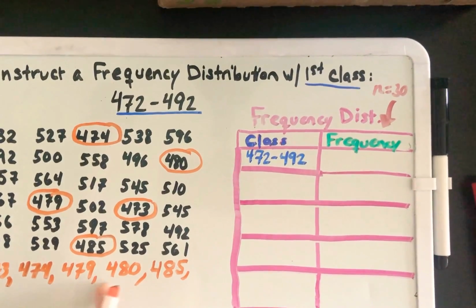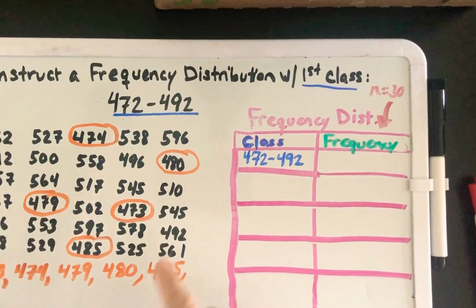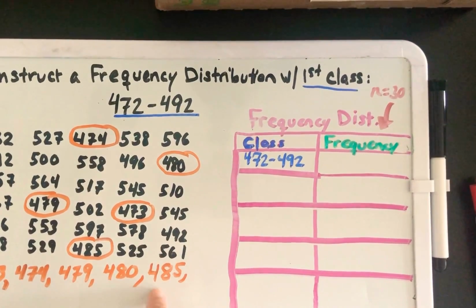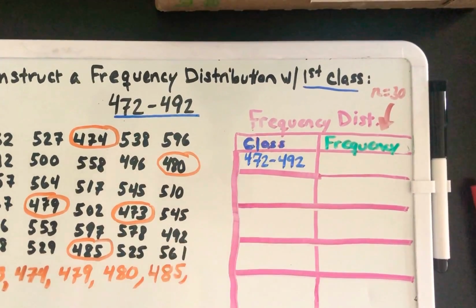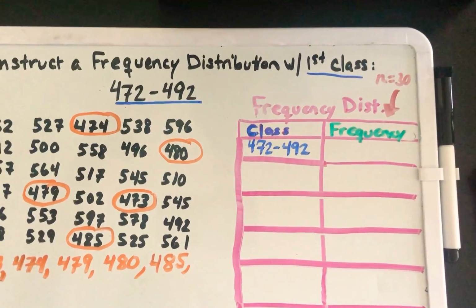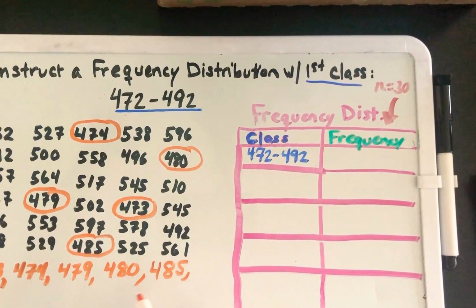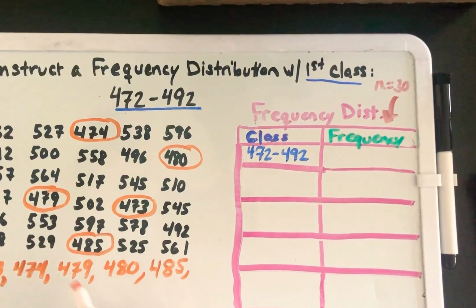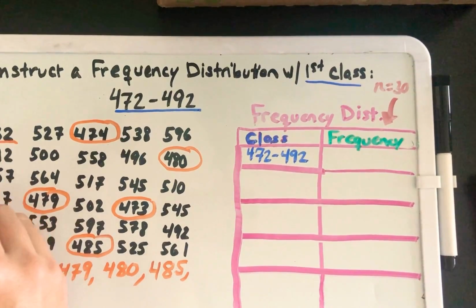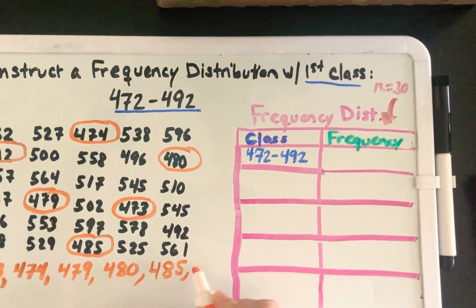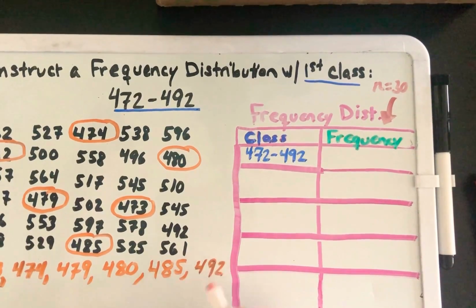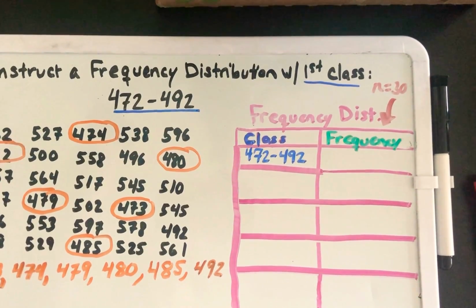Now so far, would all of these values be in that first class? Well, yeah, technically, 473 through 485, they would all fall into that first class. So let's keep finding any other values in that class. After 485, we would have, I believe, 492. Oh, there it is. So 492. And is there another 492 somewhere?